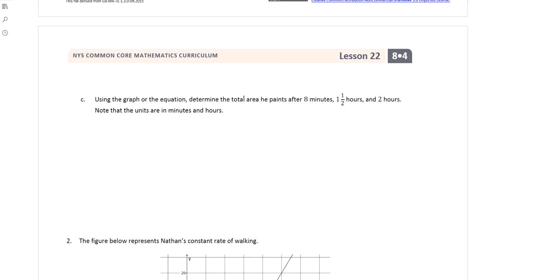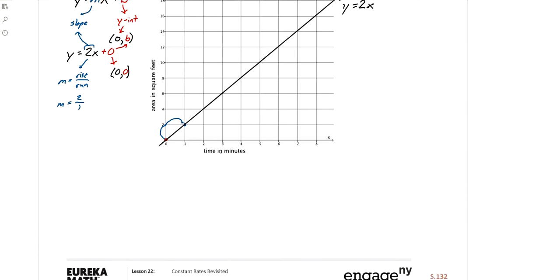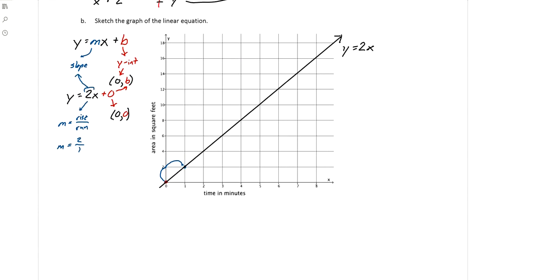So let's do the total area he painted after 8 minutes. We won't need much space for this. So remember, x stands for minutes. So 8 minutes, we just look right here.